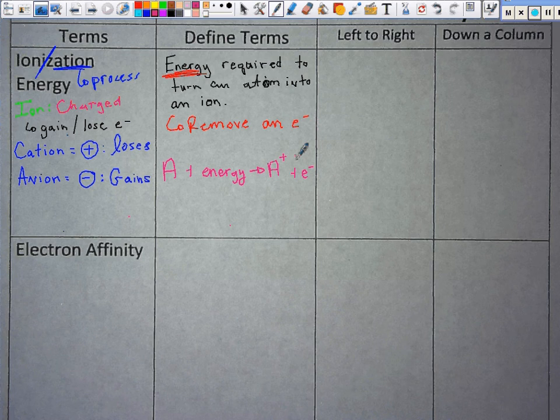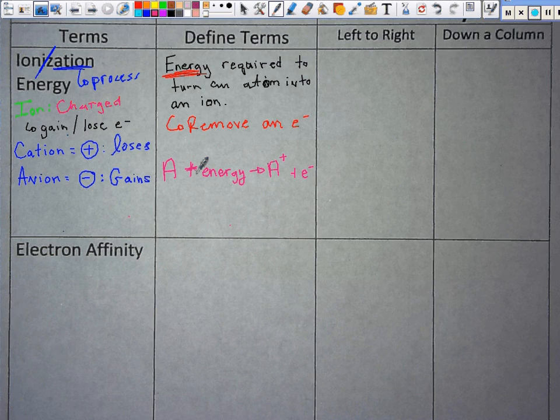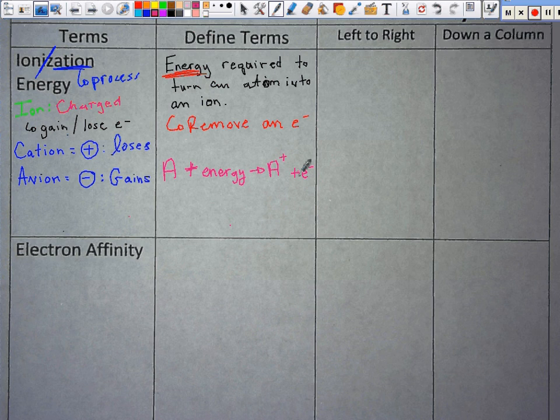That's a plus sign. It's just like a chemical reaction: A plus B yields C plus D. Now, the key here is we have to hit this neutral atom with some energy.